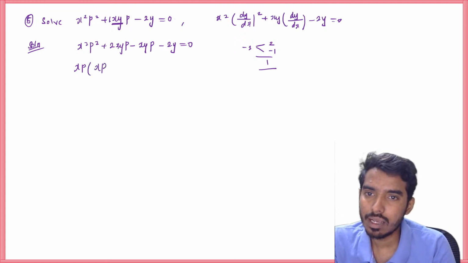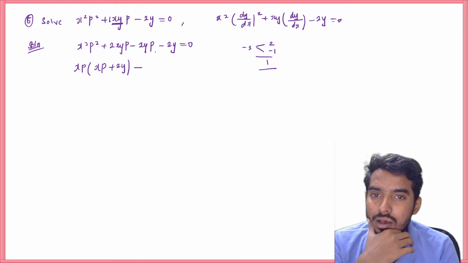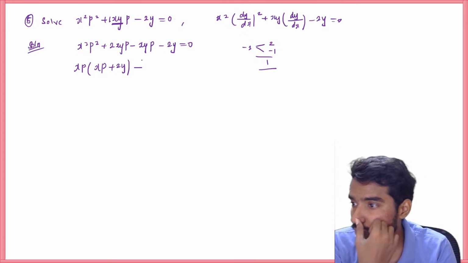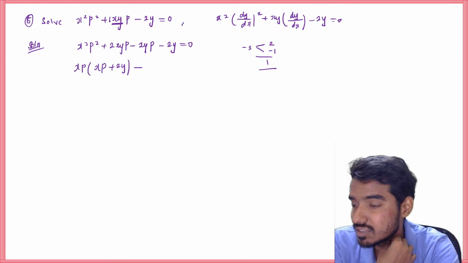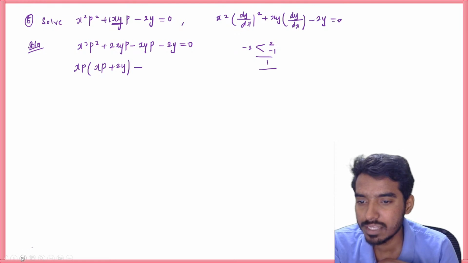Sorry, the question is y square, sorry. x square p square plus xyp minus 2y square. Yes, sorry, this is wrong.